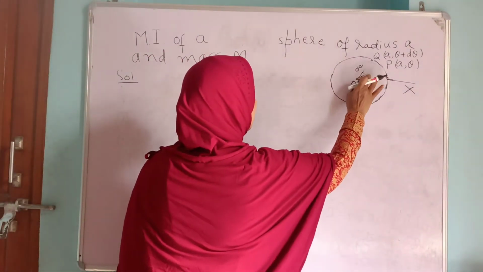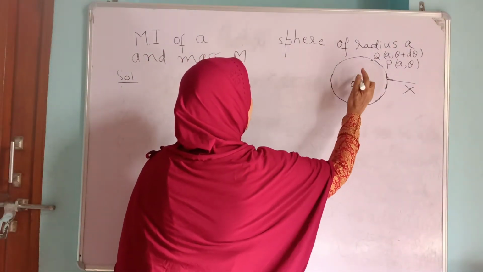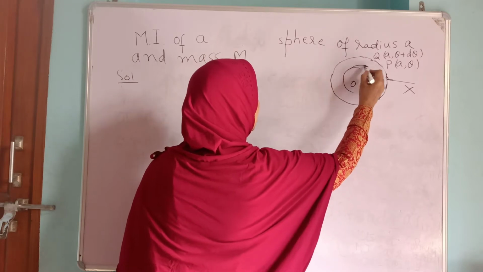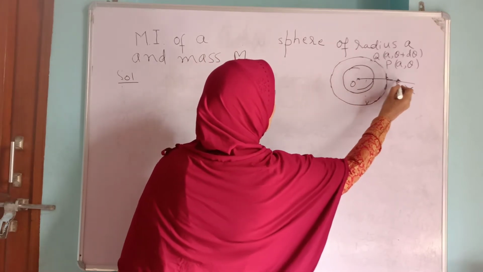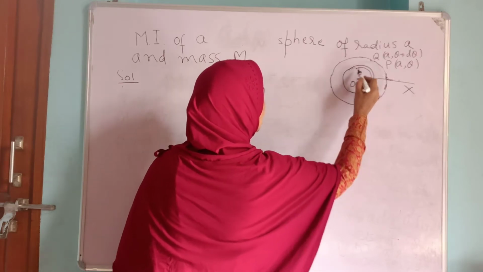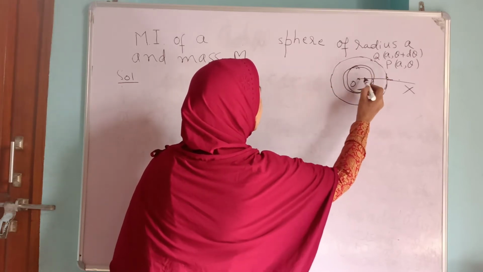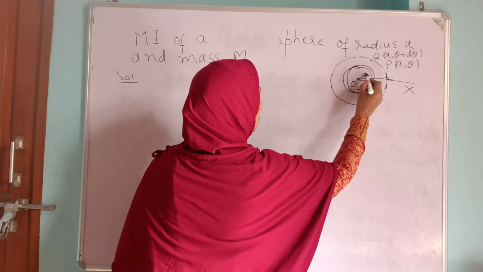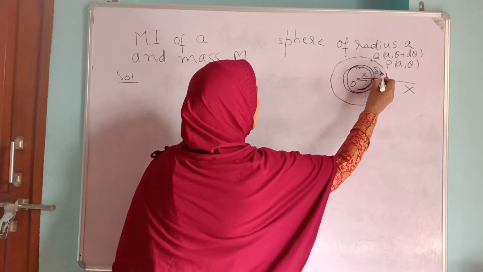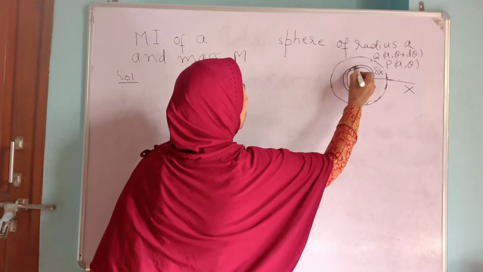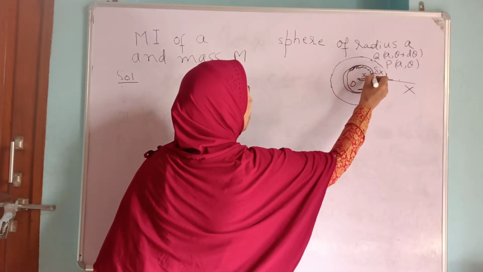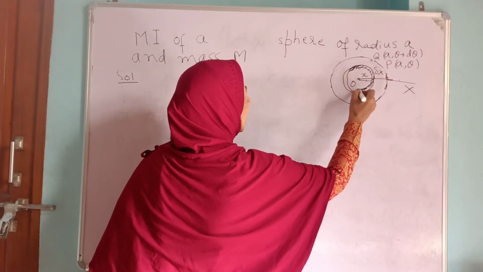So, one such hollow sphere can look like this. So, at a distance x of width delta x, you can consider one such hollow sphere, isn't it?